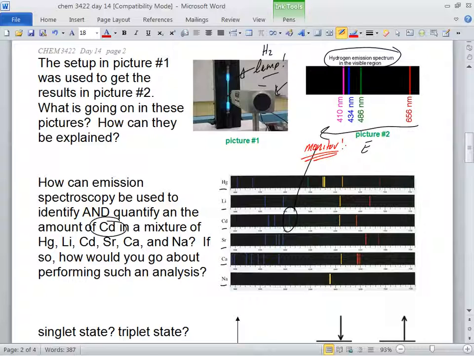In fact, look how much more powerful this is than absorption. Absorption, you guys who have played with the UV vis, here's wavelength, here's signal. What do those spectra look like? Big fat blobs, right? You can't just pick a wavelength on that. This is getting to be really useful here.